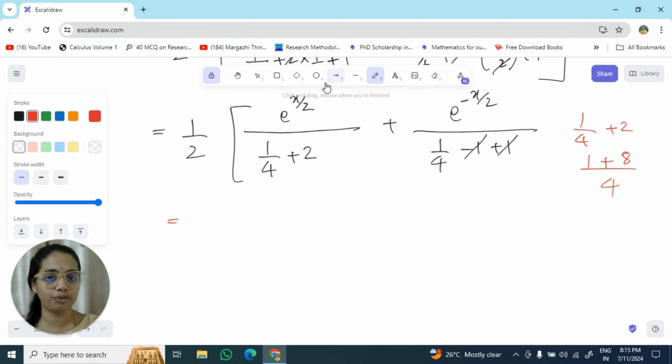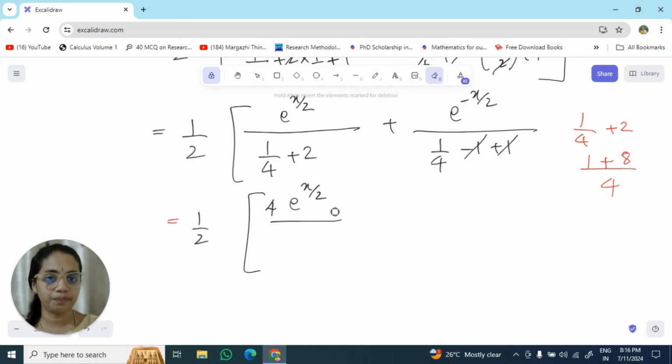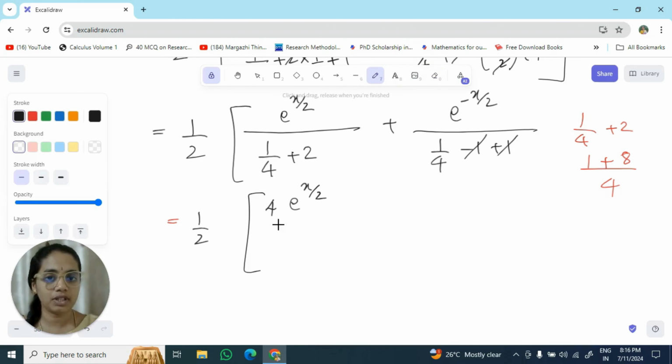We get 9 by 4. Agree. So let me just write it down. We have 1 by 2 into e power x by 2 divided by 9 by 4, or if I take it to the numerator, it becomes 4 by 9. Yes, it becomes 4 by 9 plus, if I take 1 by 4 to the numerator, it becomes 4 by 1 e power negative x by 2. This is our particular integral.